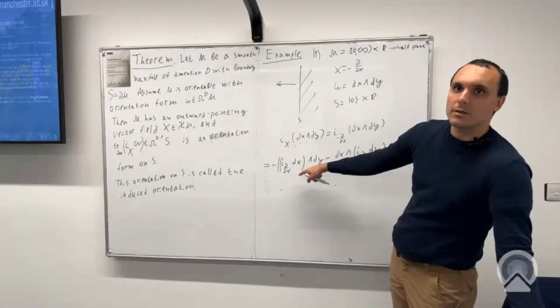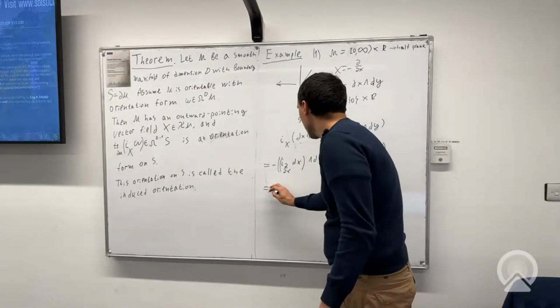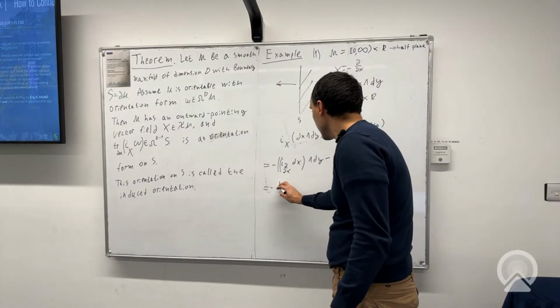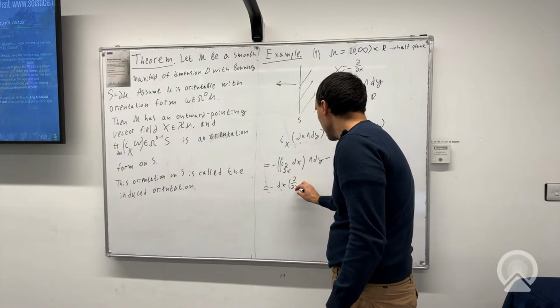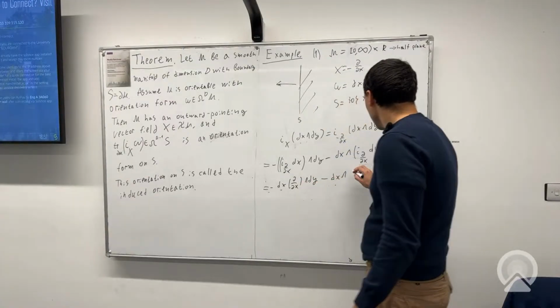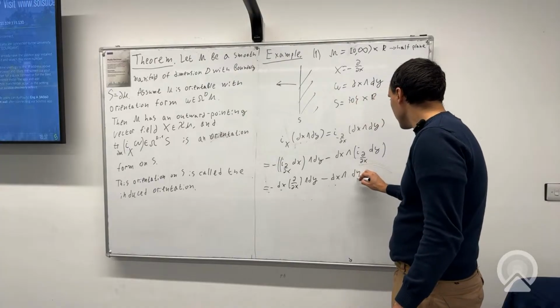How much is this? Do you remember? This is 1. So let me write in full. This is dx of d dx, wedge dy, minus dx wedge dy of d dx.